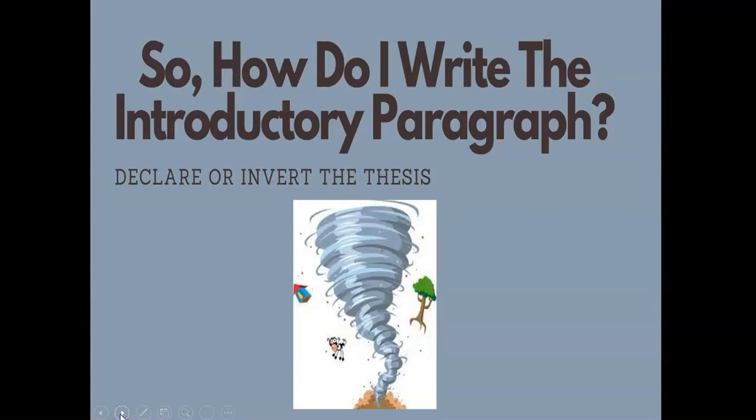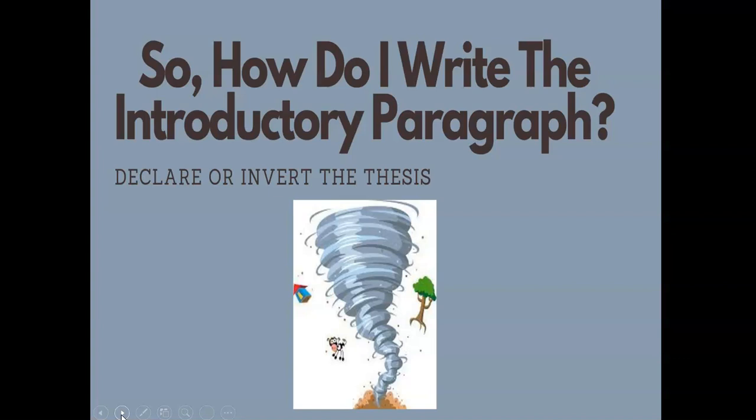So the first question we have to ask ourselves is: how do I write the introductory paragraph? For those familiar with my work, we know that since we're performing rhetorical analysis, we will declare the thesis. I use inverted all the time for literary analysis. FRQ1 and FRQ2 for lit are always inverted. FRQ2 on Lang is always declared.